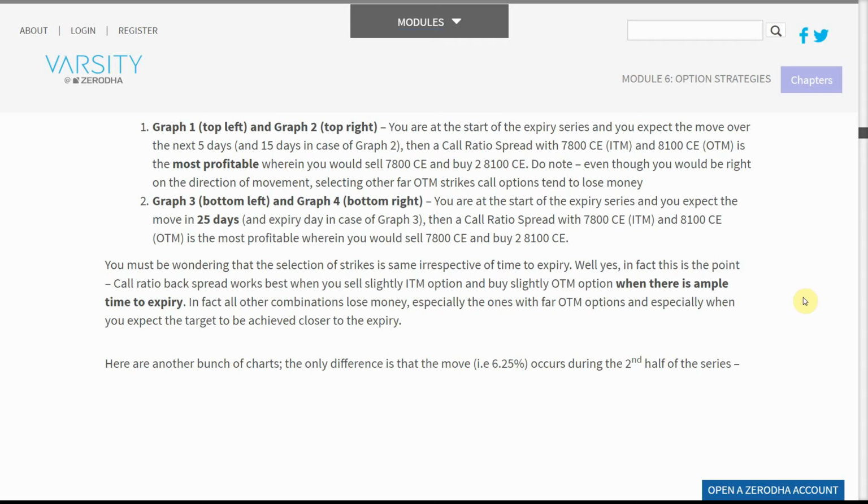Here is another bunch of charts. The only difference is that the move, i.e. 6.25%, occurs during the second half of the series.